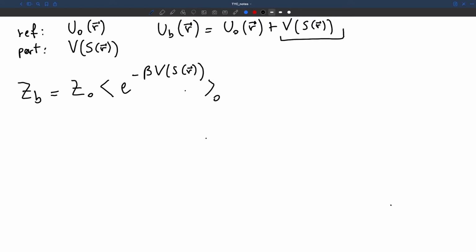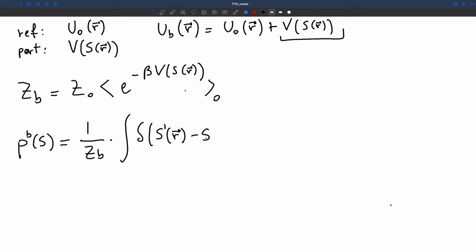So the bias probability density, indicated with P_B of s, is equal to 1 over Z_B that multiplies the integral of delta s e to the minus beta U_0 that multiplies e to the minus beta V of s.